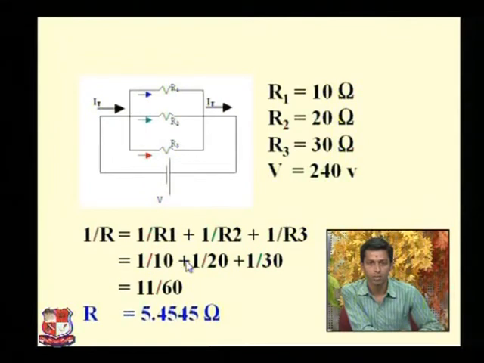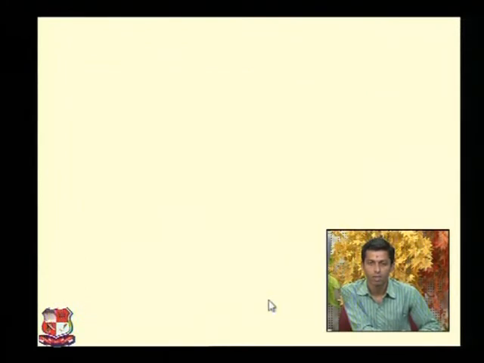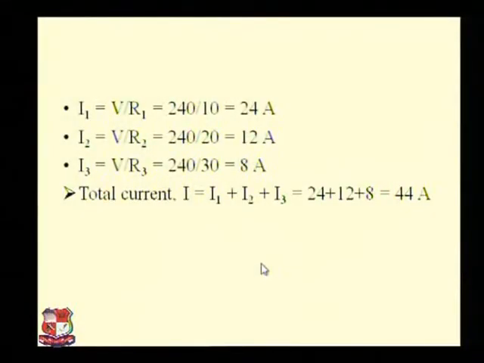So 1 upon 10 plus 1 upon 20 plus 1 upon 30. By solving the equation, we get the equivalent resistance as 5.4545 ohm.